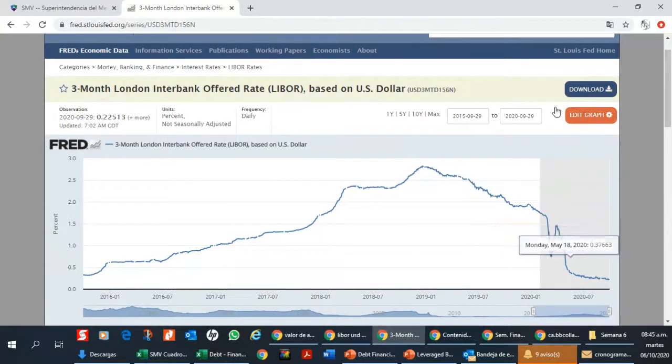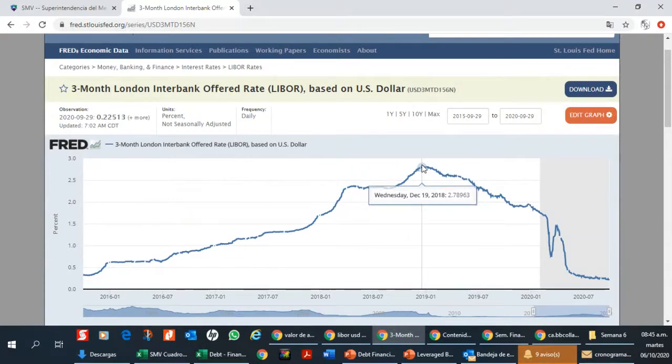What has been happening over time, and this is going back 4 years, right? As you can observe, the London rate 5 years ago, actually October 5th, was 0.32%. It skyrocketed to a massive number of 2.8%.